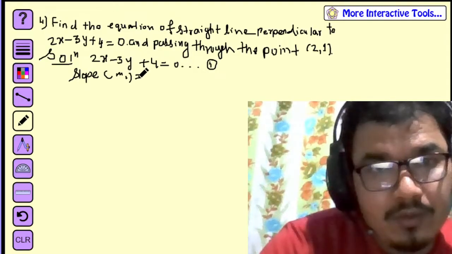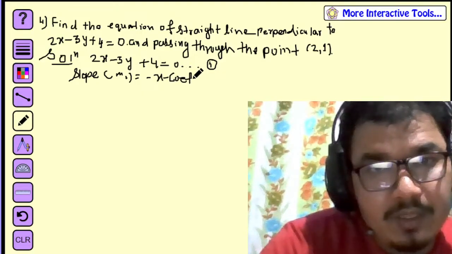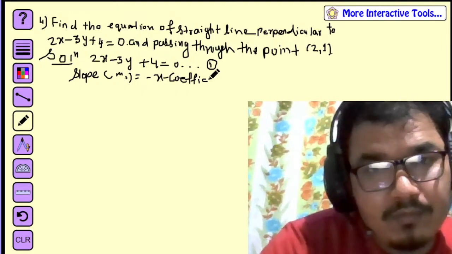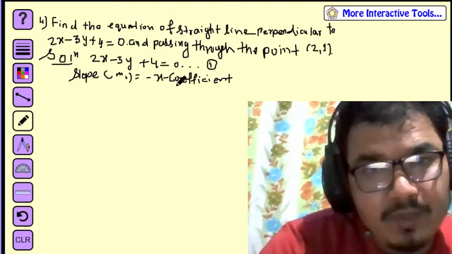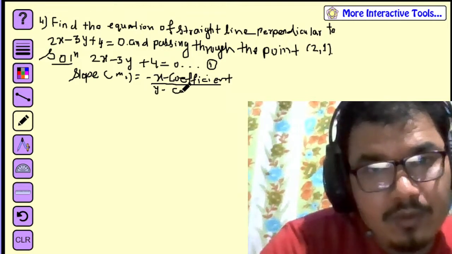m1 equals, we know, minus x coefficient by y coefficient. We know this is the formula of slope.